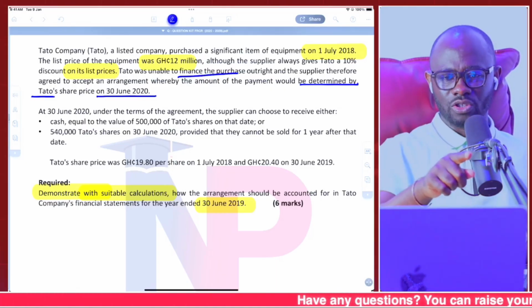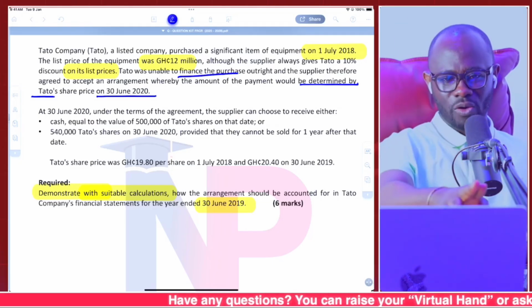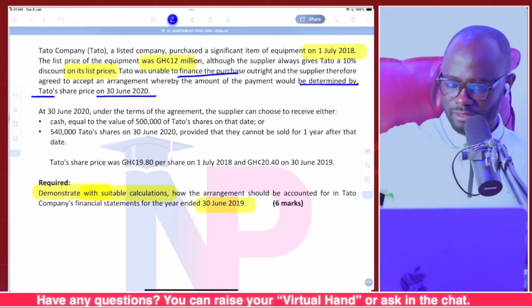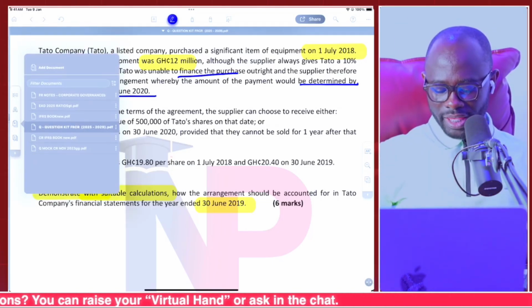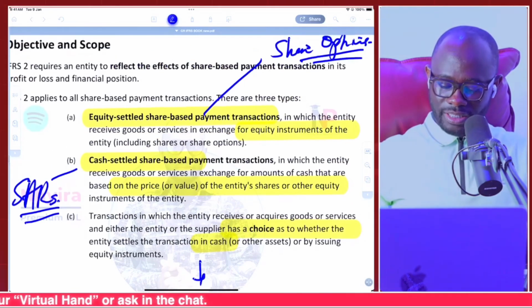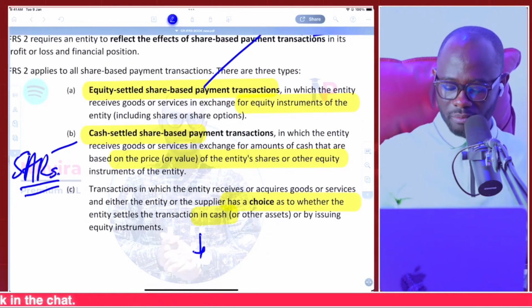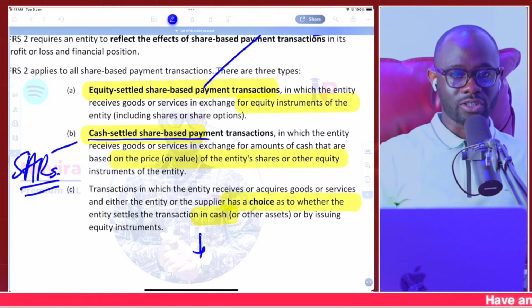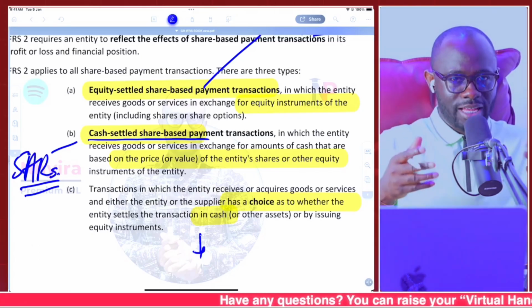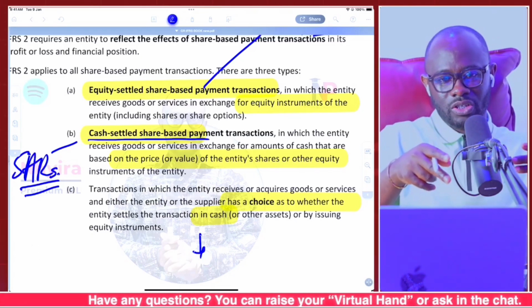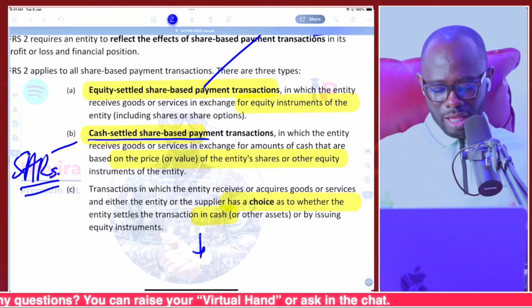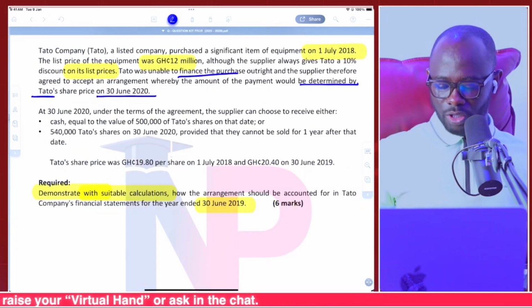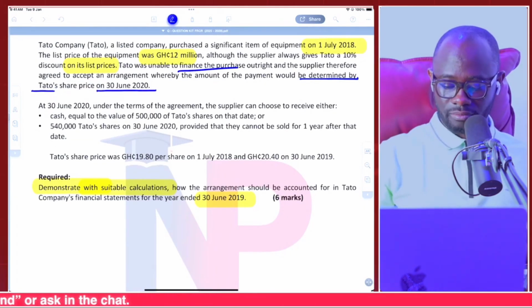Now, if you end there, your brain may be thinking that we are dealing with type 2 share-based payment, cash settled share-based payment, because they said you get payment based on the share price of the entity. But let's proceed to read, because we will now know that it is type 3.